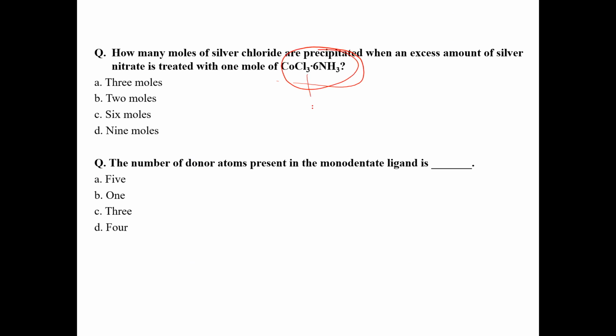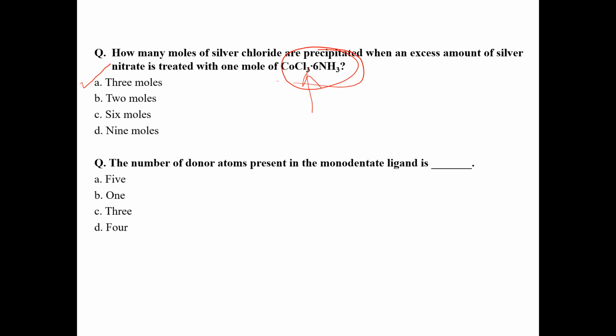Here you can see there are three chloride ions that can react with the silver nitrate and precipitate in the form of AgCl. So 3 moles of silver chloride will be precipitated out.